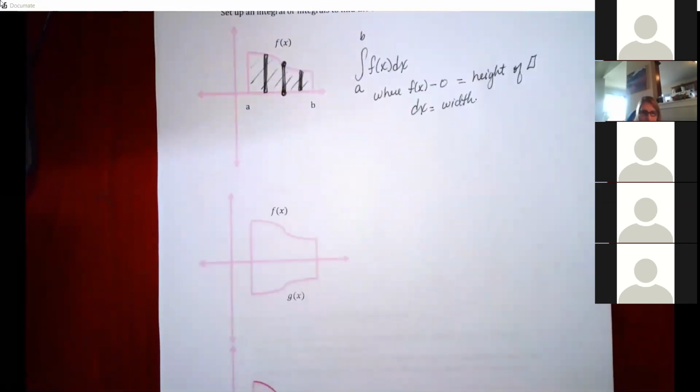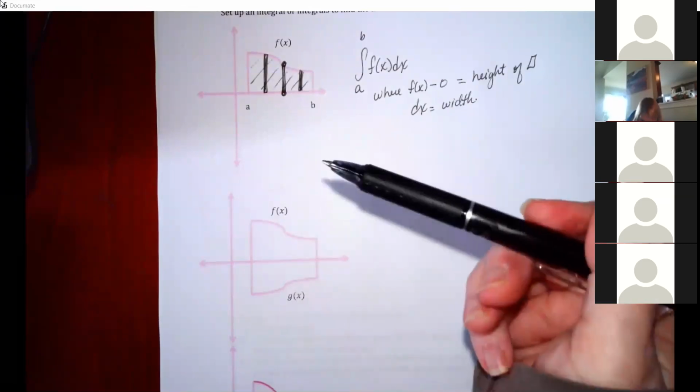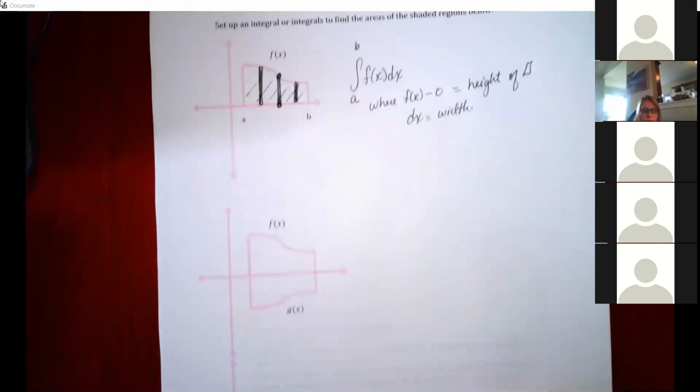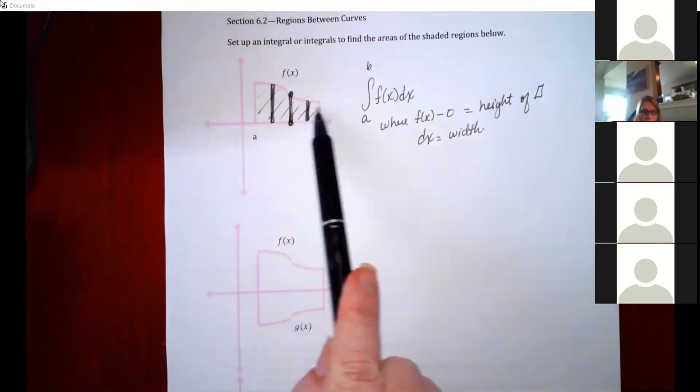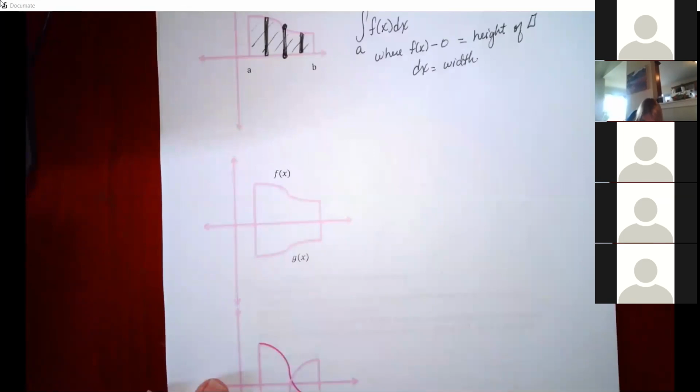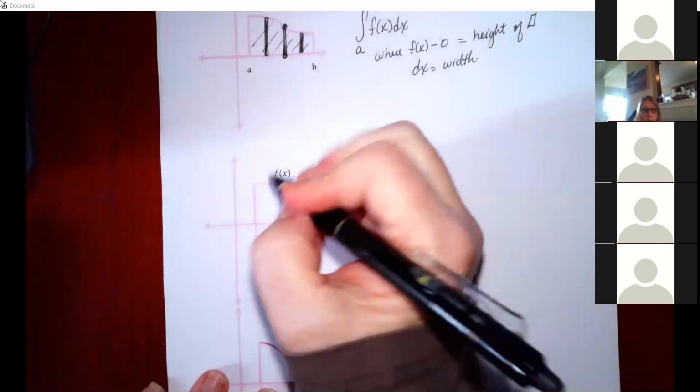What we're going to do in section 6.2 is expand this idea so that we're not just finding area between a graph and the x-axis. Maybe we're finding the area between 2 separate graphs or something like that. So we can expand that idea, though, if you think about it.